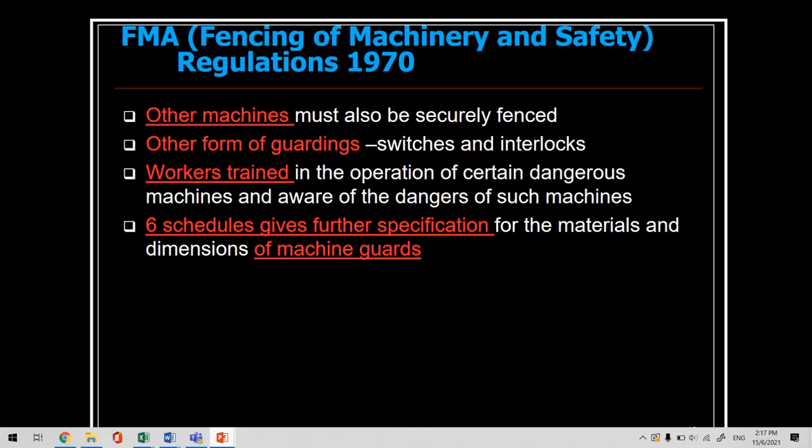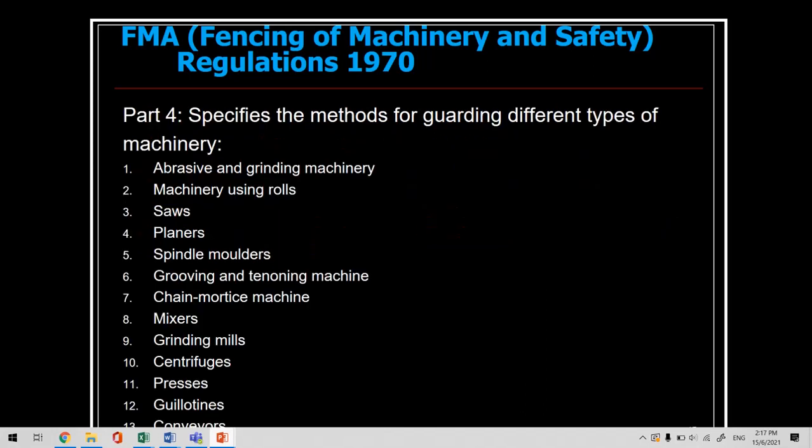And other machine must also be securely fenced. Other forms of guarding: switches and interlocks. Workers are trained in the operation of certain dangerous machine and aware of the danger of such machine. And the 6th schedule gives further specification for the material and dimension of machine guards.